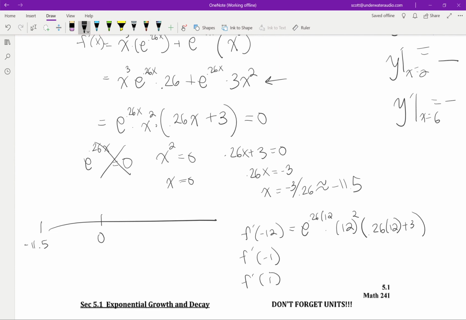Okay. E to the 0.26 times -12, and then all of that times -12 squared, and then times 0.26 times -12, and then plus 3.